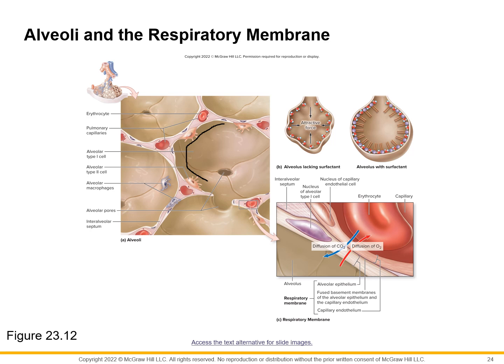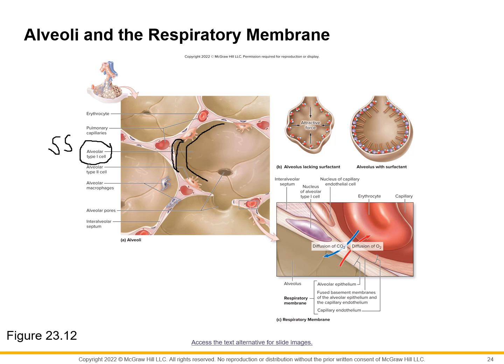The most abundant cells you're seeing here are your simple squamous cells, the flat ones. They are actually called alveolar type 1 cells. They're your simple squamous epithelial cells.